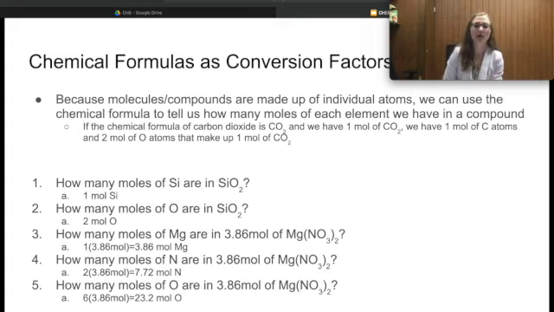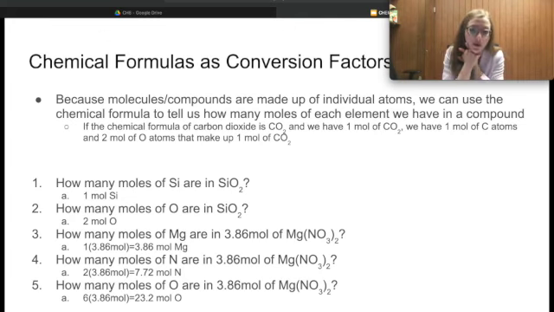And then I also might want to figure out how many moles of oxygen. Well, it's the same thing. We have to look at how many oxygen atoms we have per magnesium nitrate. In this case, we have 6 oxygen atoms. So if we have 6 oxygen atoms for every magnesium nitrate, and we have 3.86 moles of magnesium nitrate, we're going to want to multiply that by our 6 atoms for every mole or every molecule.